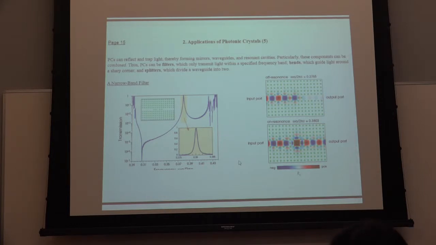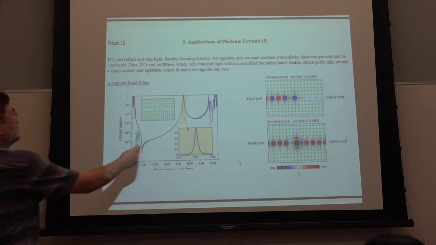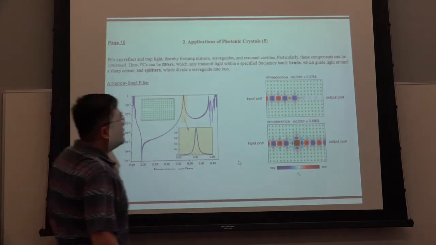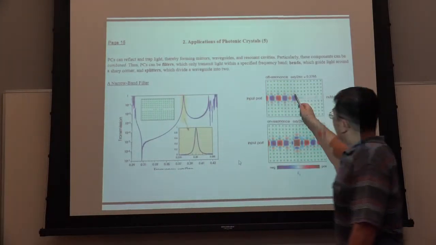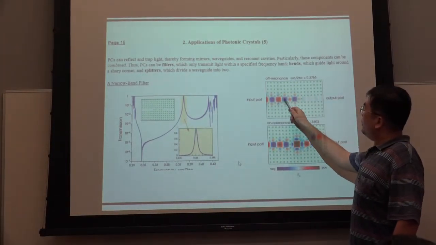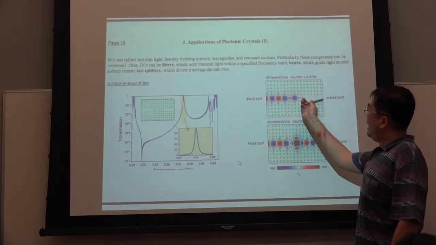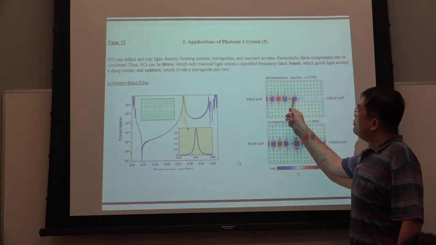That means the EM wave will pass through this structure within a very narrow band. You can see here, this is a pass band. At off resonance of this cavity, the wave cannot pass to the other side, it is just reflected back.